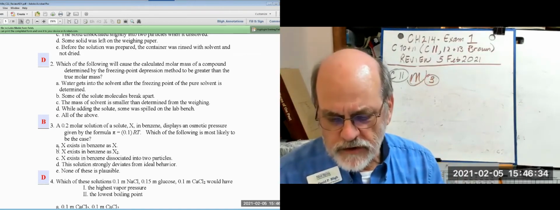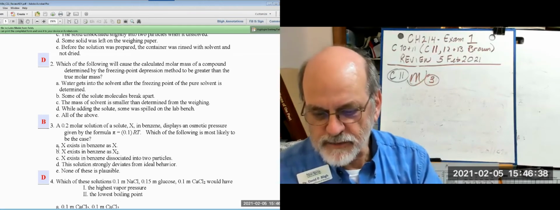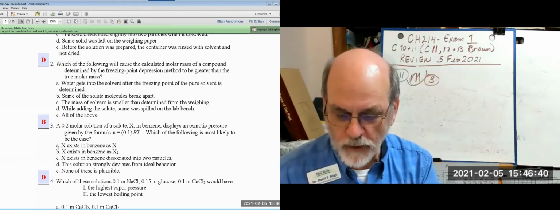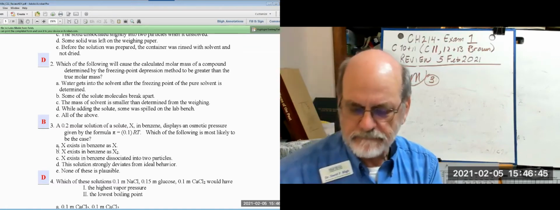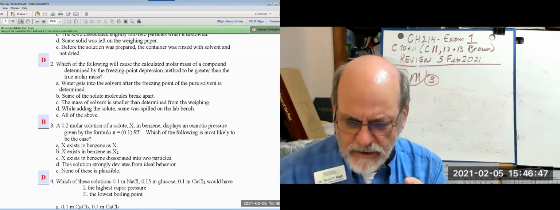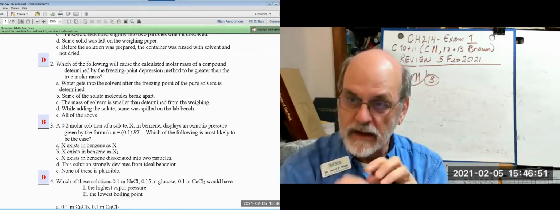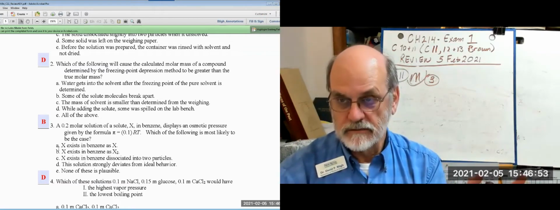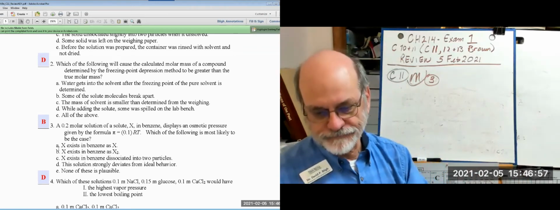A 0.2 molar solution of solute X in benzene displays an osmotic pressure given by this formula. Which of the following is most likely to be the case? All right, so we look at our answers, and it looks like what they're doing is referencing dissociation, what contributed to that i correction factor.